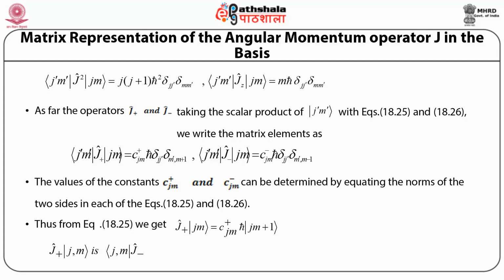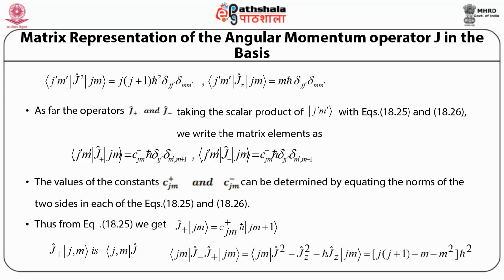So, the left hand side of equation 35a can be evaluated by using equation 21, that is, the scalar product of jm with operator j minus operator j plus ket jm is equal to the scalar product of jm with operator j minus operator jz square minus h cut operator jz acting on ket jm, which is equal to, within the brackets, j into j plus 1 minus m square bracket close h cut square.